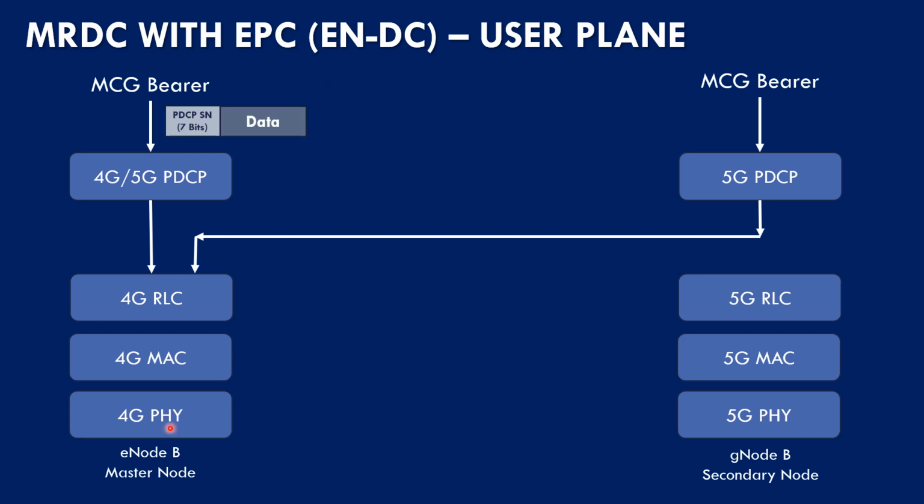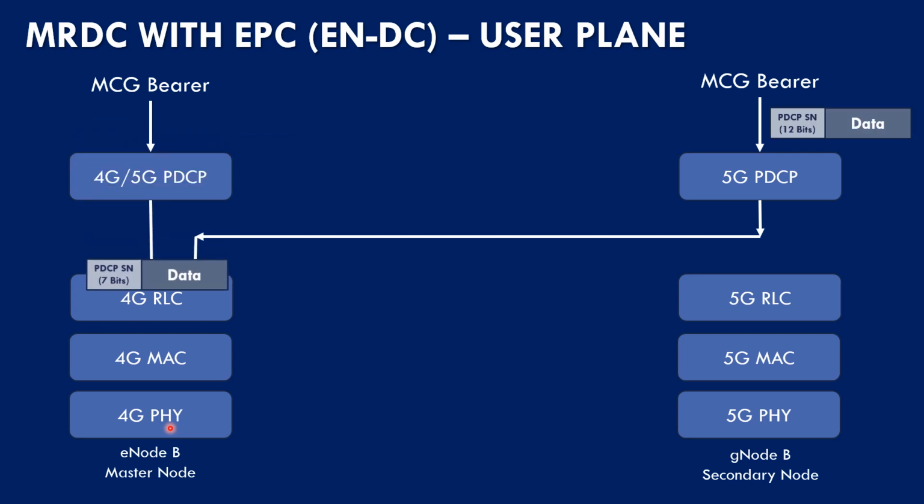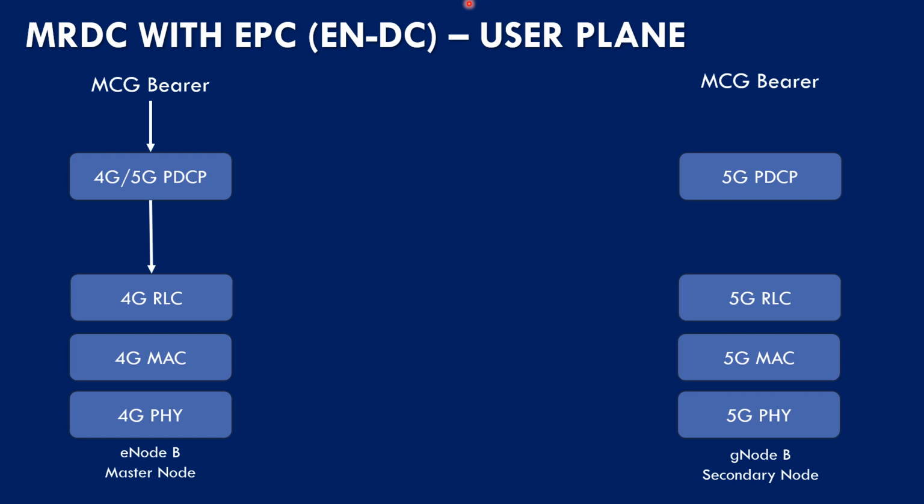The 4G version of PDCP supports a minimum of 7-bit sequence number, while the 5G version of PDCP supports a minimum of 12-bit sequence number. So for voice services, it would be useful to use 4G PDCP, as doing so will reduce the PDCP overhead because it has a shorter sequence number. So voice bearers can be kept on the 4G network and use 4G radio.